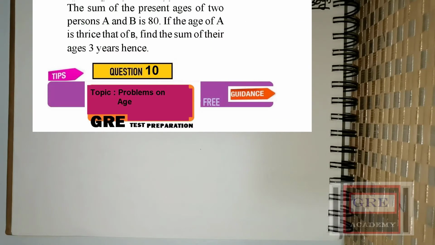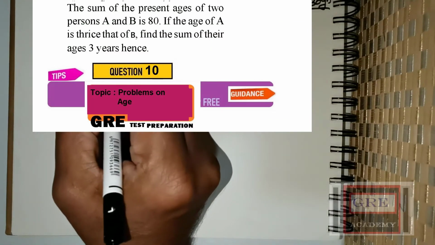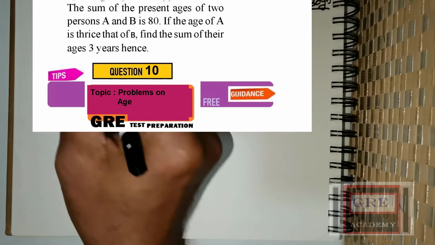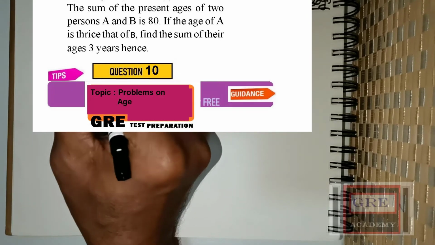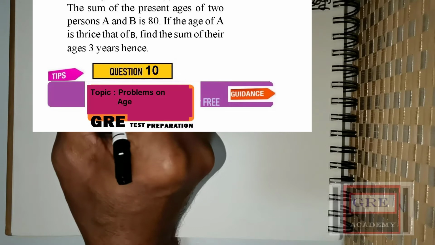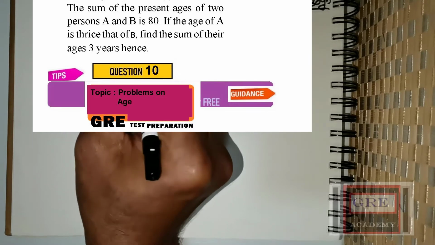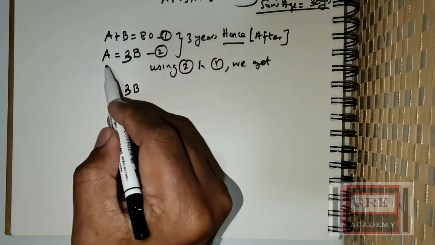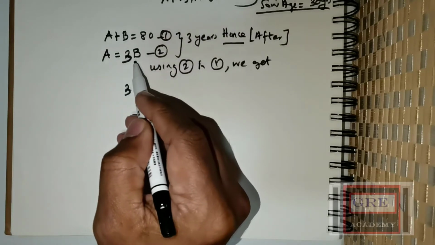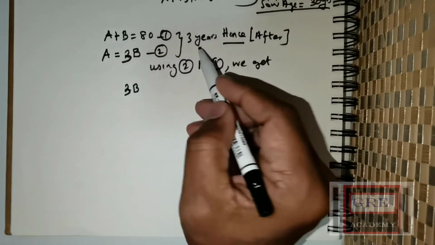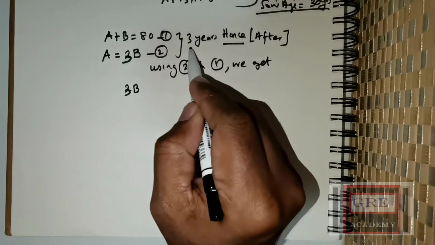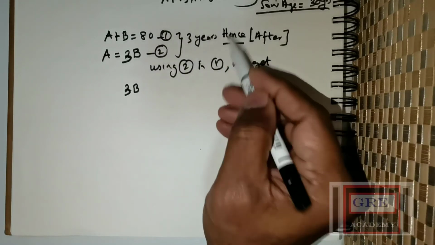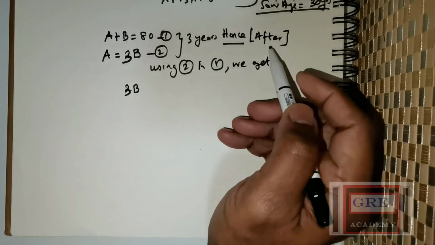Students, in this question we are given the sum of the present age of two people, A and B, to be 80. So we can write that expression. The age of A and B together is given to be 80 years, and A is thrice the age of B. We are expected to find the age 3 years hence. So the meaning of the word hence means after 3 years.